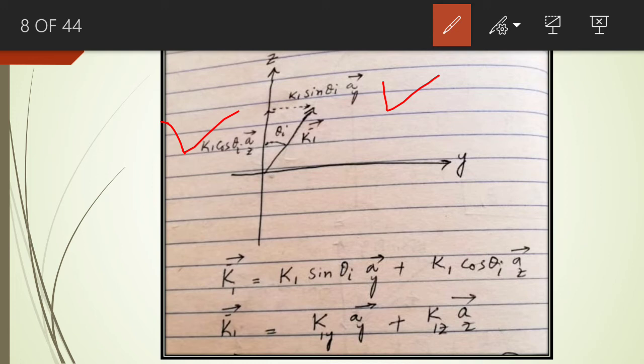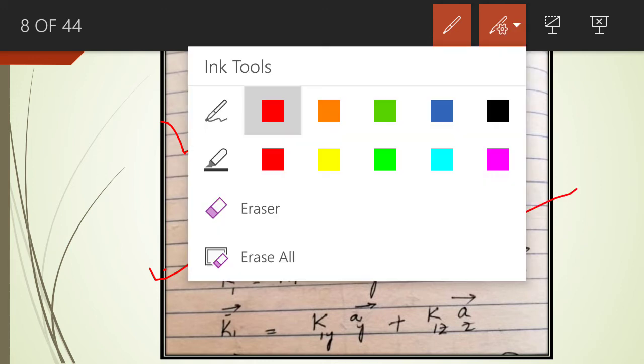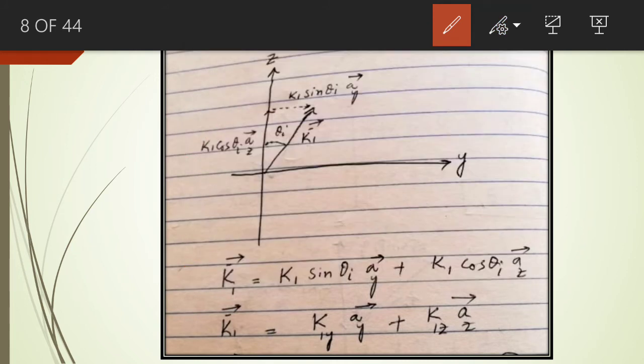So in this particular diagram, we have resolved k1 prime into two components. K1 prime will be equal to k1 sin theta I ay plus k1 cos theta I az, and we replace k1 sin theta I by k1y, and we replace k1 cos theta I by k1z.